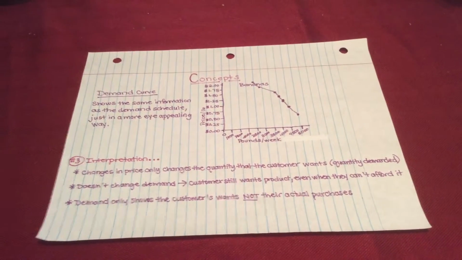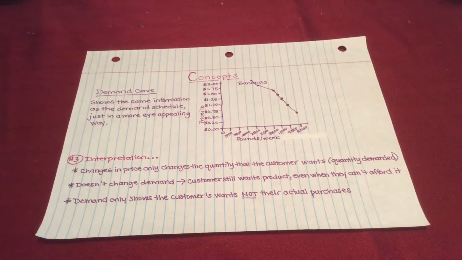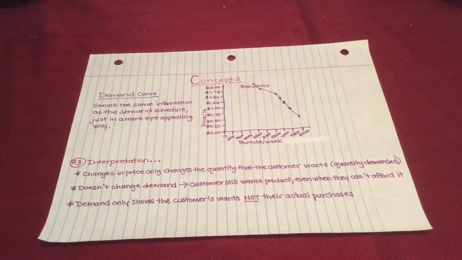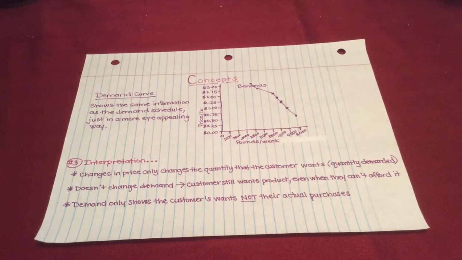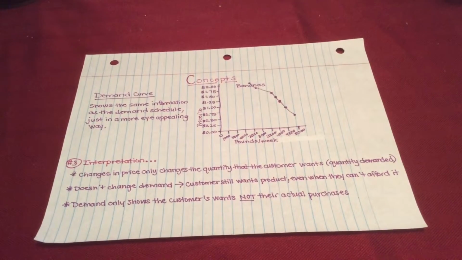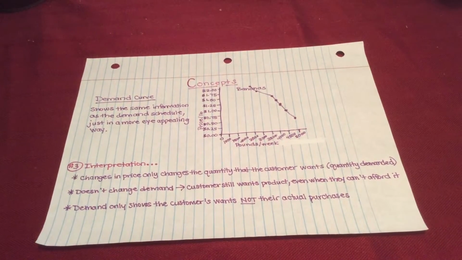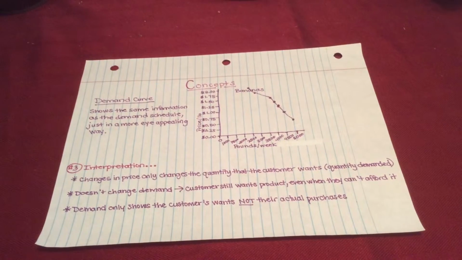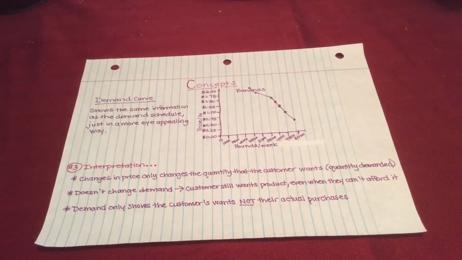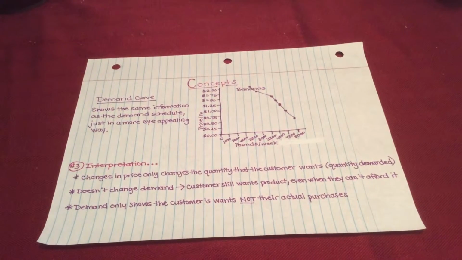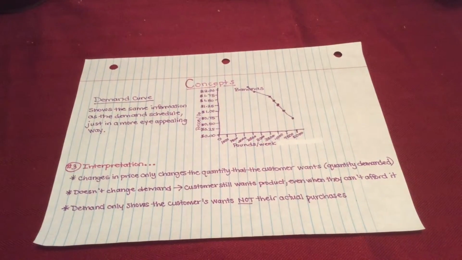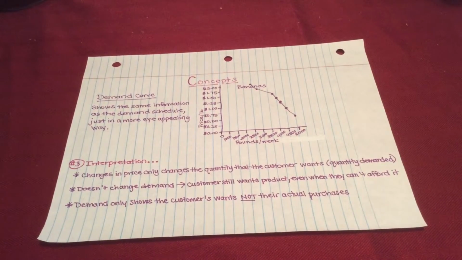The last part is interpretation and understanding of the demand concept as a whole. We want to remember three different things. First, changes in the price only change the quantity the customer wants, or the quantity demanded. So it's only changing the price and the quantity, nothing else. Remember, everything else is staying constant.